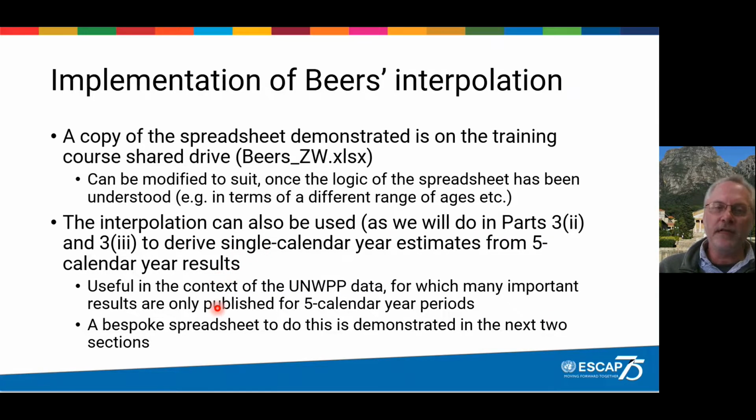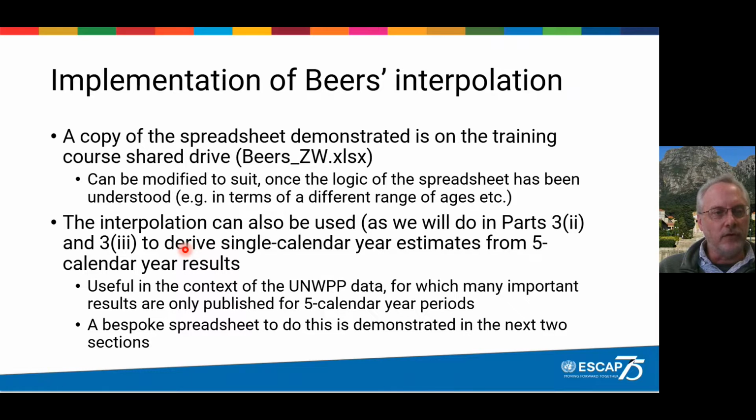This is going to be particularly useful in the context of the UNWPP data, that is data from the UN World Population Prospects, for which many important results are only published for 5 calendar year periods. And to help you in implementing this, I have prepared a bespoke spreadsheet to do this, and that will be demonstrated in the next two sections of this part of the training course.